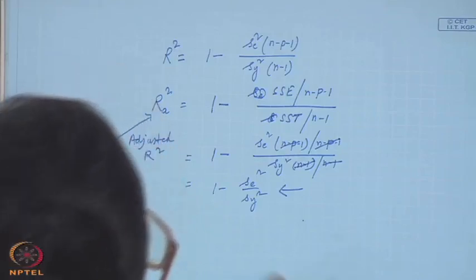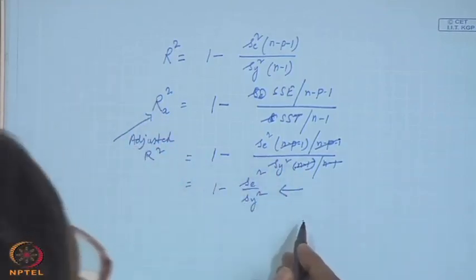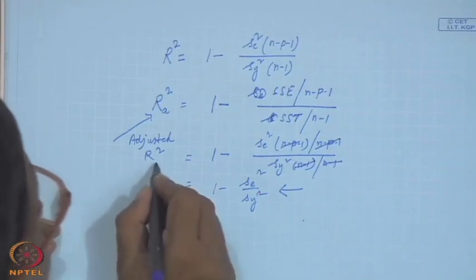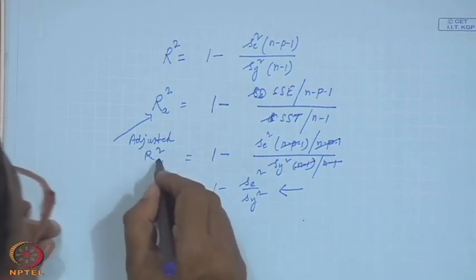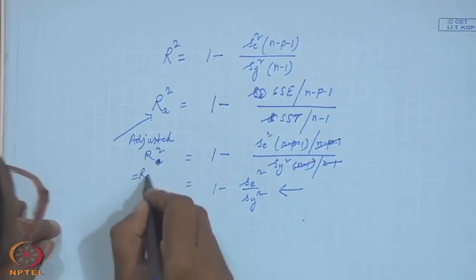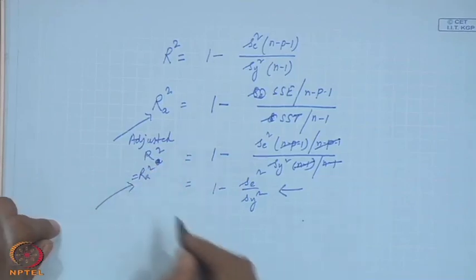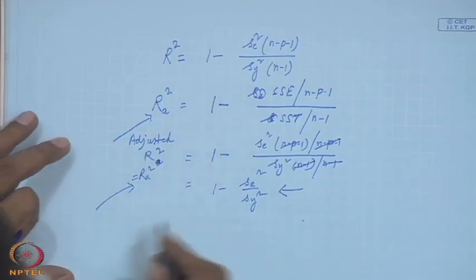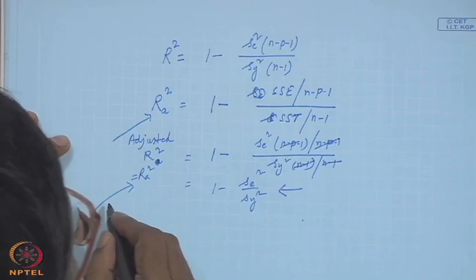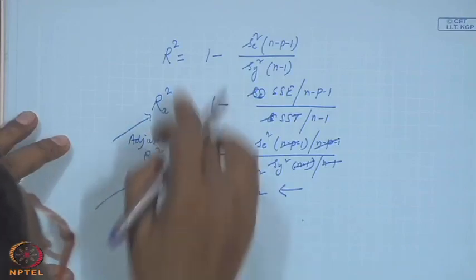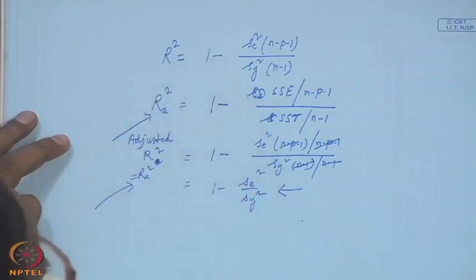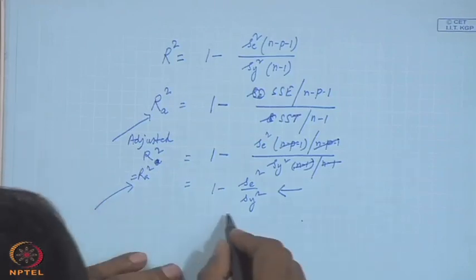Irrespective of sample size, it will give you a value, and this is R a square, the adjusted R square. This is a parsimonious fit measure in case of multiple regression.